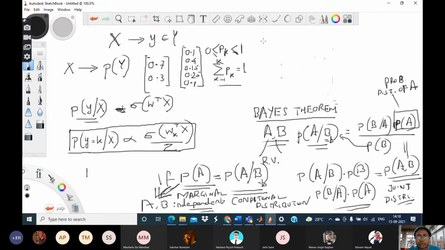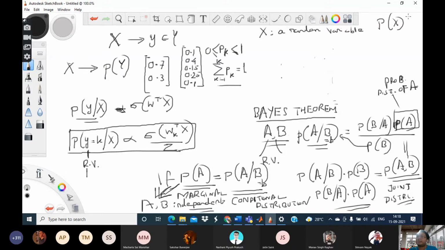Okay, now in the previous treatment, that's what we had assumed, that this is an RV. Today let us assume that the feature vector x is also an RV. It's also a random variable. That is to say there is some probability distribution, let's call it Px.